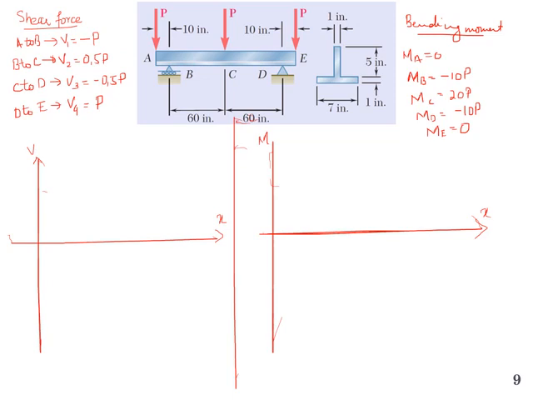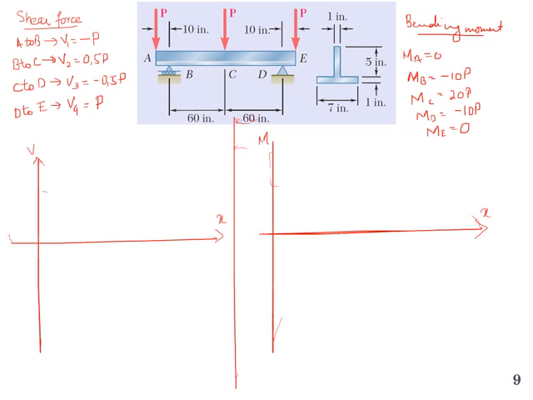Now if you look at the shear force, from A to B, V1 is minus P. B to C we calculated V2, that is 0.5 times P. C to D we calculated V3, that is minus 0.5 times P, and from D to E, V4 was P. And these will be constant between AB, BC, CD, and DE.